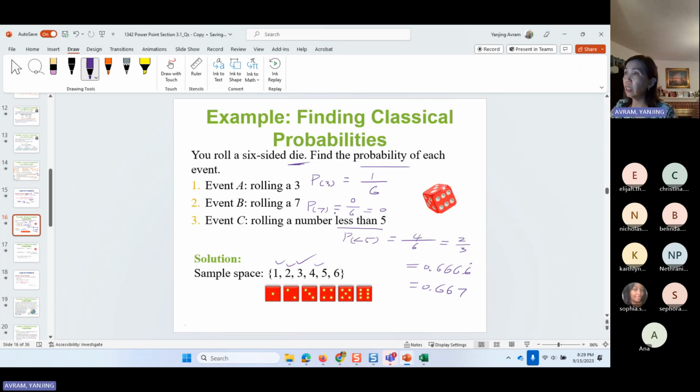This is called the exact answer, and you always have to simplify. If you type 4 over 6 in there, it will mark you wrong. So you have to simplify into 2 over 3. Top and bottom can be divided by 2. So that is the probability, and we can tell this probability is less than 1 and greater than 0.